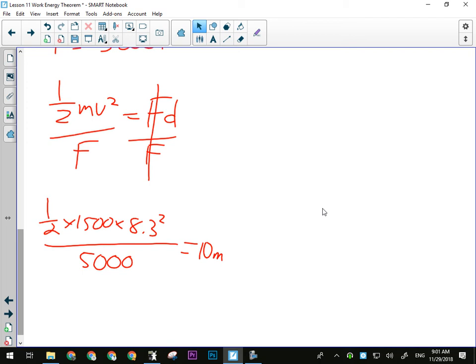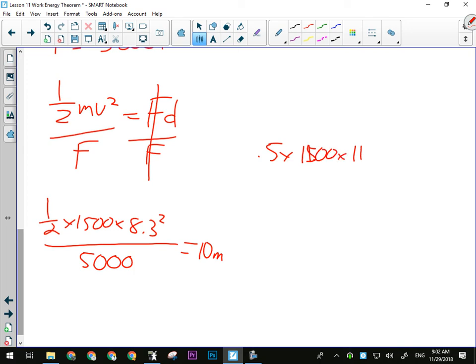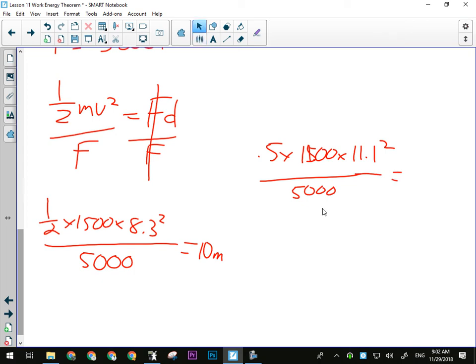Well, 40 kilometers per hour in meters per second is 11.1 meters per second. Sorry, times 1500. So this is how far it'll take you to stop. How much further do you think it'll be? 20 meters?